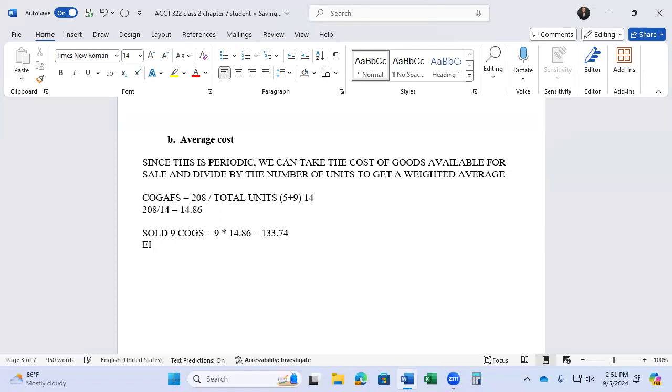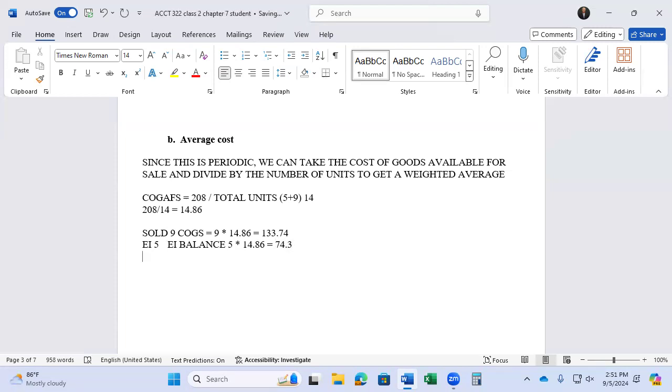And our ending inventory balance is 5 times 14.86, which should be like 75.12 or something like that.